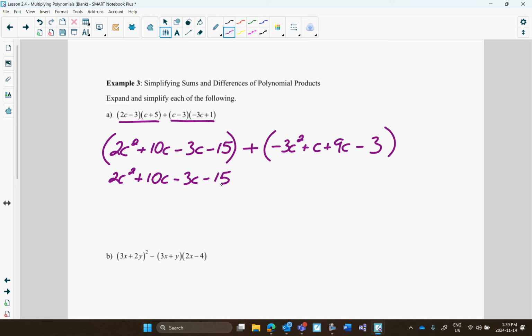So, well, plus and minus make what? So it's just minus 3c squared plus c plus 9c minus 3. And if there's a positive in front of parentheses, it doesn't affect the signs. They all stay the same. And then I just combine. What do I get for the c squareds?